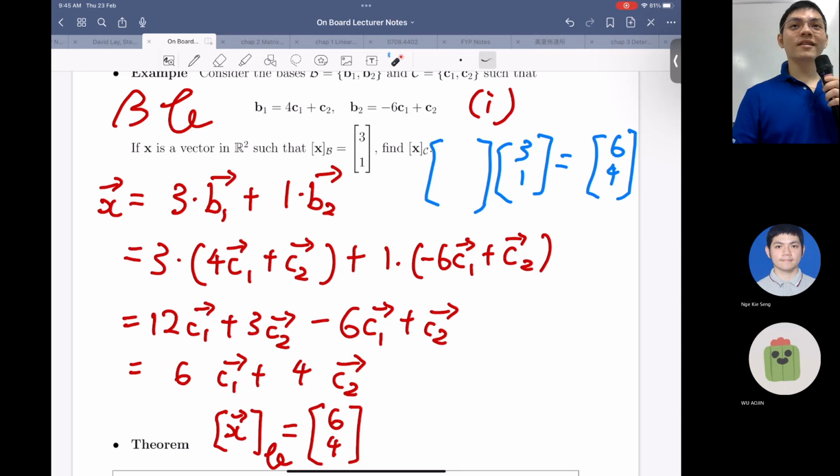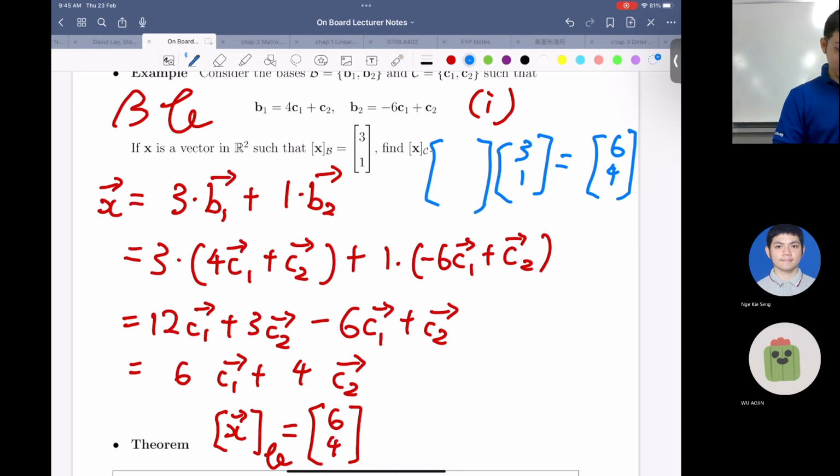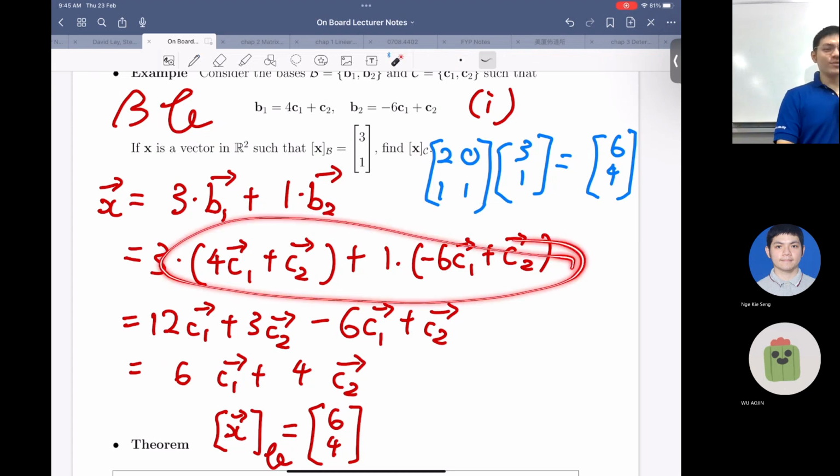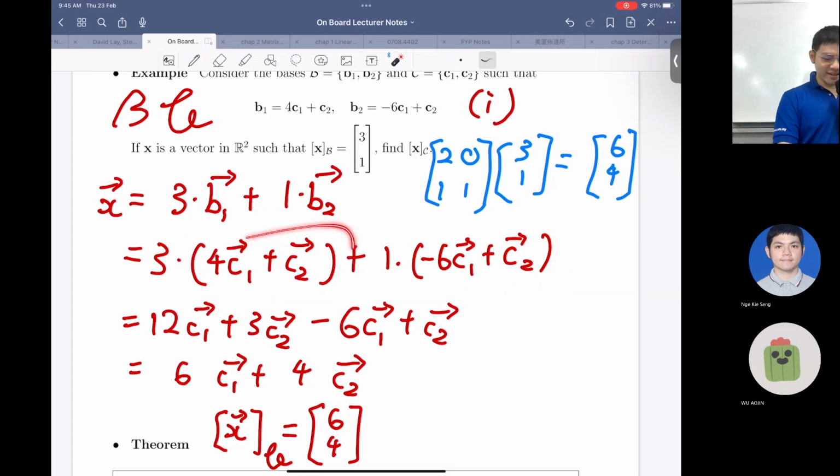What number? 2. Mean 2. And then 0. And then no, cannot. You can. But it seems like there's nothing to do with the number here, right?